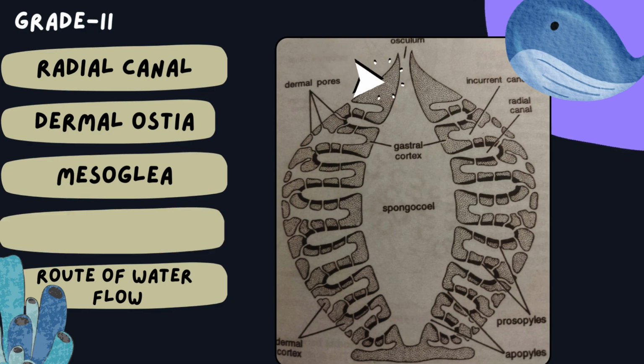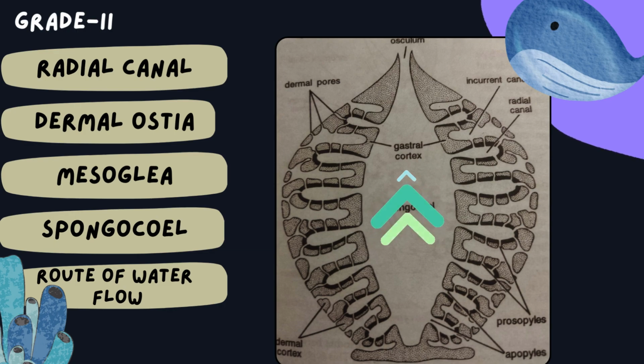Excurrent canals open into the spongocoel by gastral ostia. Their spongocoel is reduced and narrow. It is lined by pinacocytes and opens outside by an apical osculum.